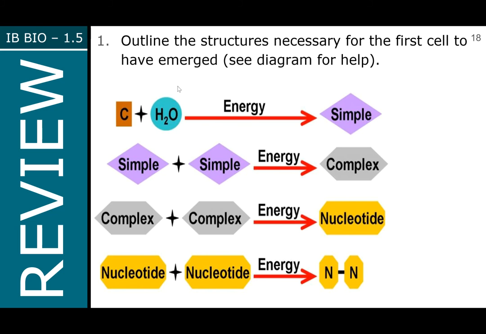Now remember, we started this lesson talking about how we went from chemicals to biological life. We have two different processes. We have chemical evolution first, which is the combination of elements under proper conditions to give rise to monomers and then give rise to polymers.